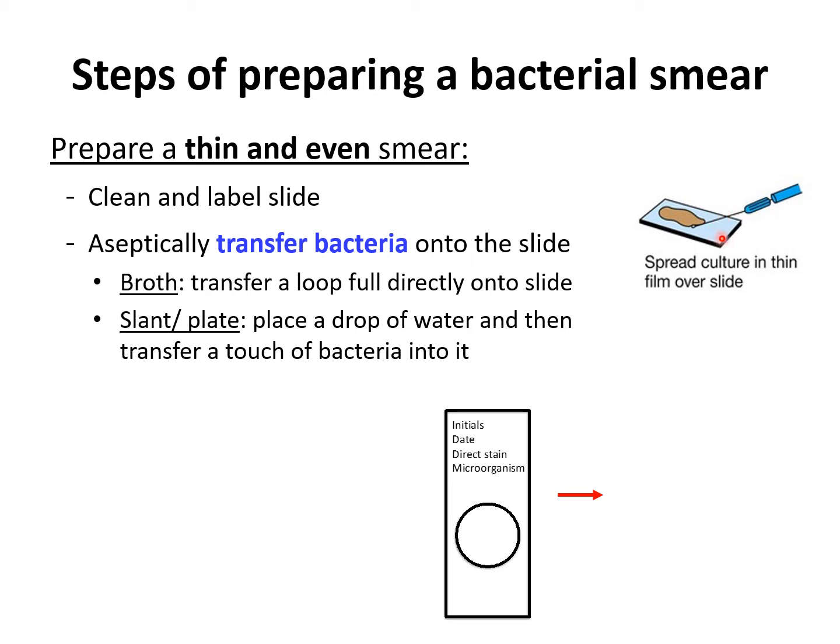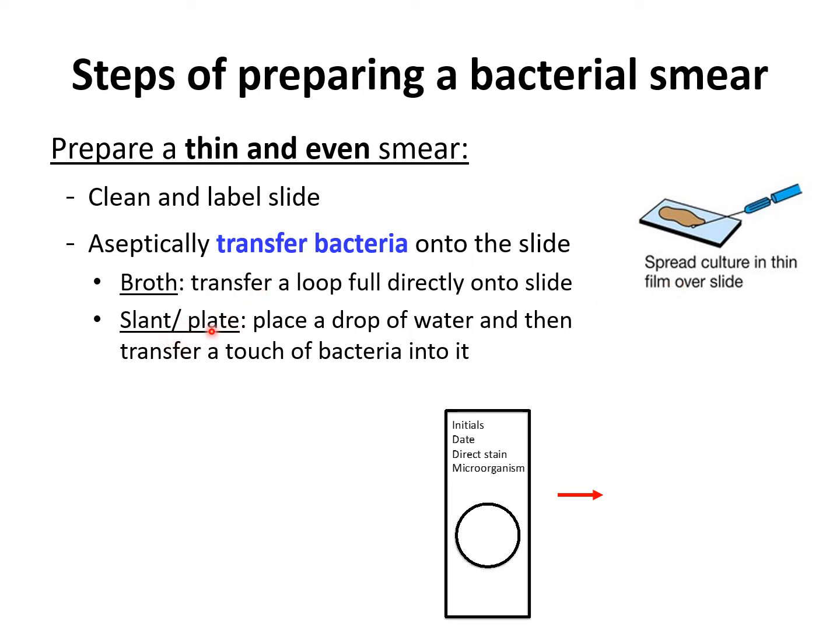So if this is the part right here on the edge where I have my initials, I'm not going to smear any bacteria onto my initials. I'm just going to smear the bacteria on the other part of my slide. And this is how you transfer bacteria that's been cultured in a broth onto your slide.